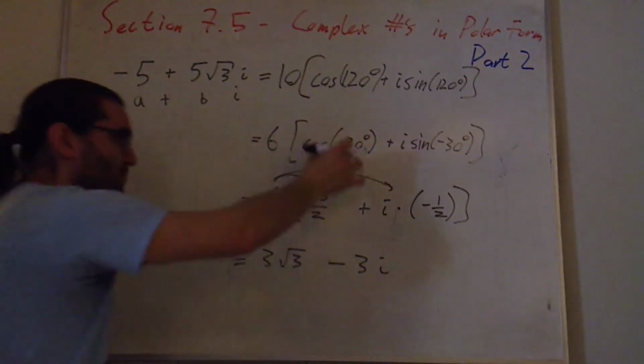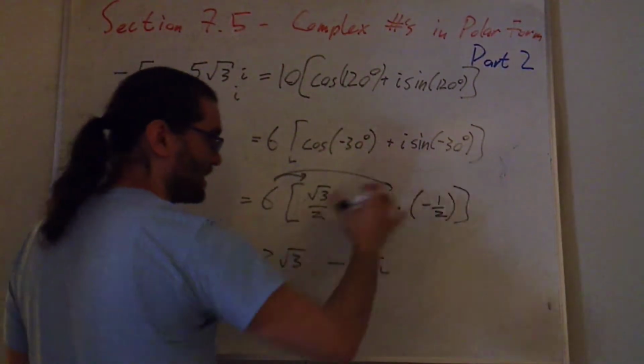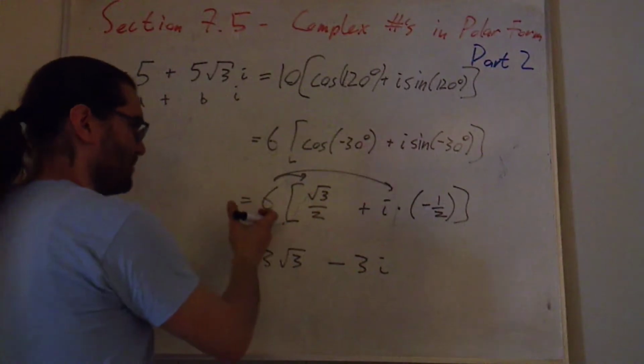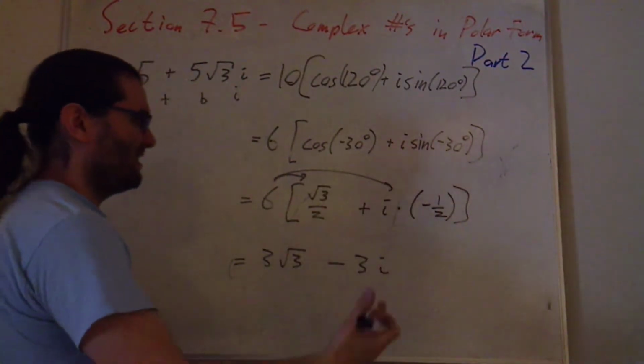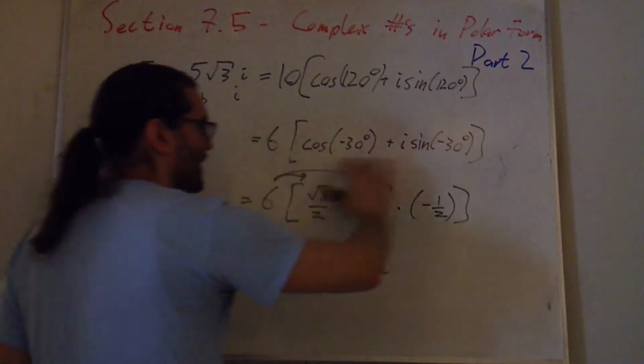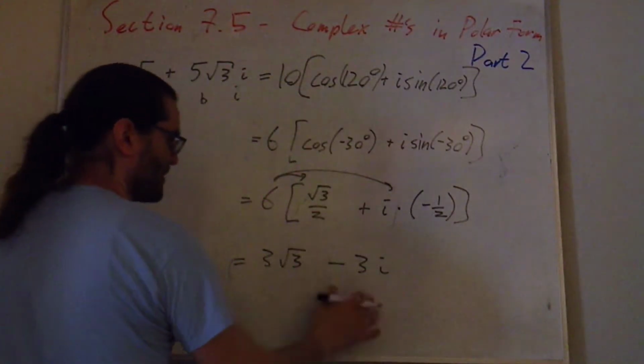So both of these operations are things that you have done many, many times before. You take the sine and cosine of angles all the time. You have a unit circle, you can do that. You multiply numbers by 6 all the time. That's literally all there is to transforming a polar form complex number into a rectangular form complex number.